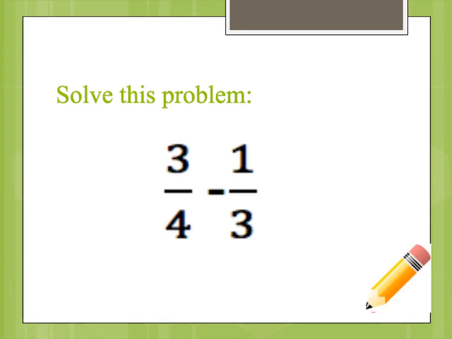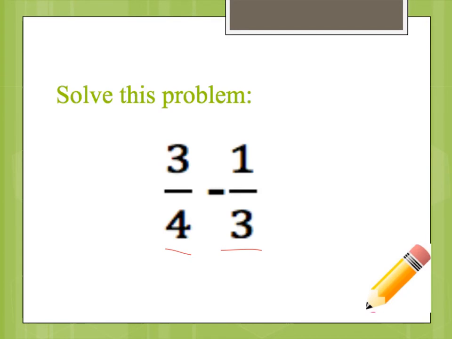So what I'm going to try to do is get them with the same denominator, and I need to have them with the lowest common denominator possible. That way we won't have to do as much simplifying. So I'm going to think to myself, what is a product that both 4 and 3 have in common?